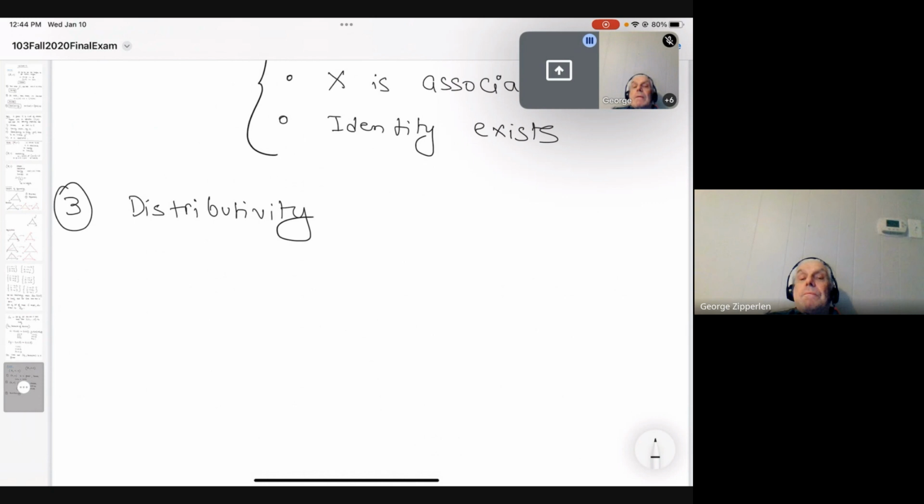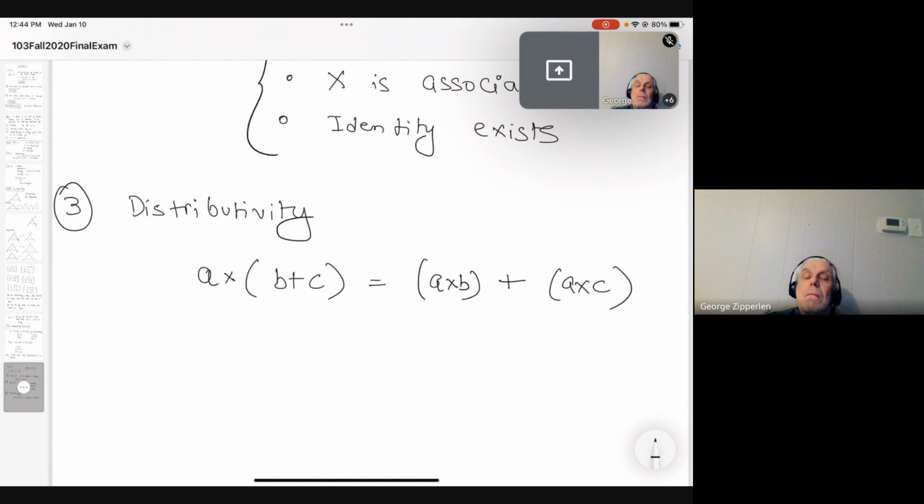In other words, if you take two elements, B and C, and add them, and you want to multiply A to it, it's the usual opening of the brackets: A cross B plus A cross C. Also, B plus C times A is just B times A plus C times A.